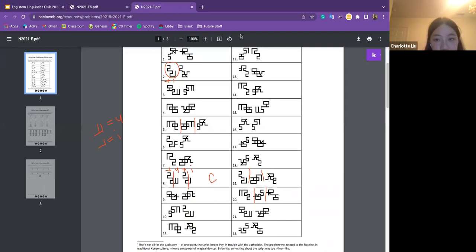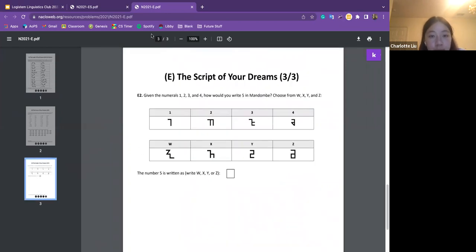And then the second part here. This was also a pattern that wasn't very obvious. You notice that these four all represent vowels.